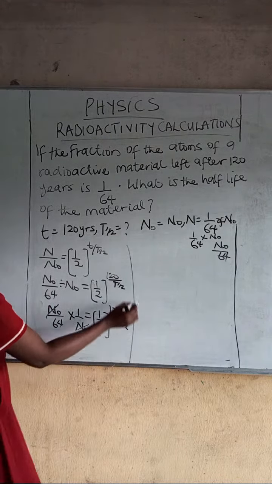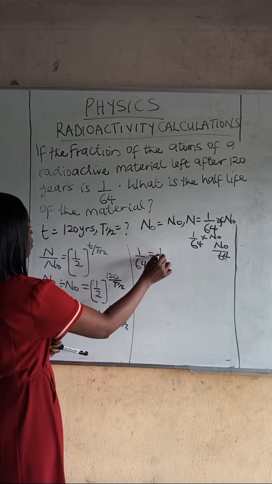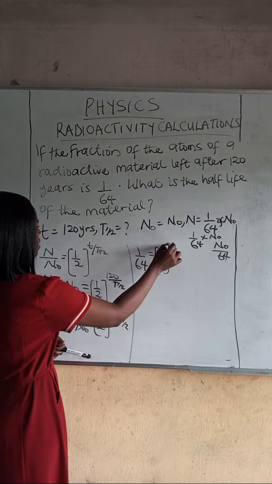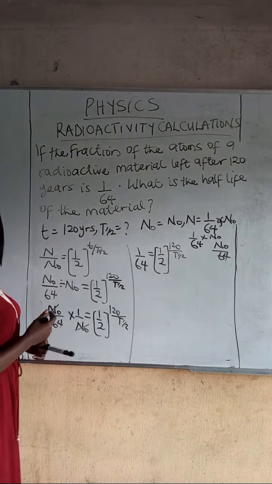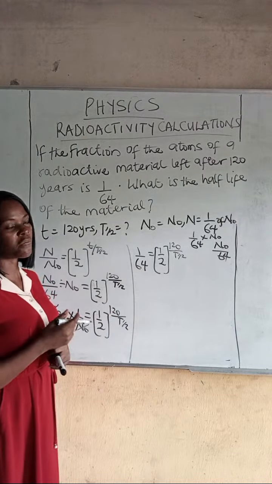And I'm left with 1 over 64 is equals to 1 over 2 bracket 120 over half-life. Okay? Now I want to change this 1 over 64 to be in the power of this.